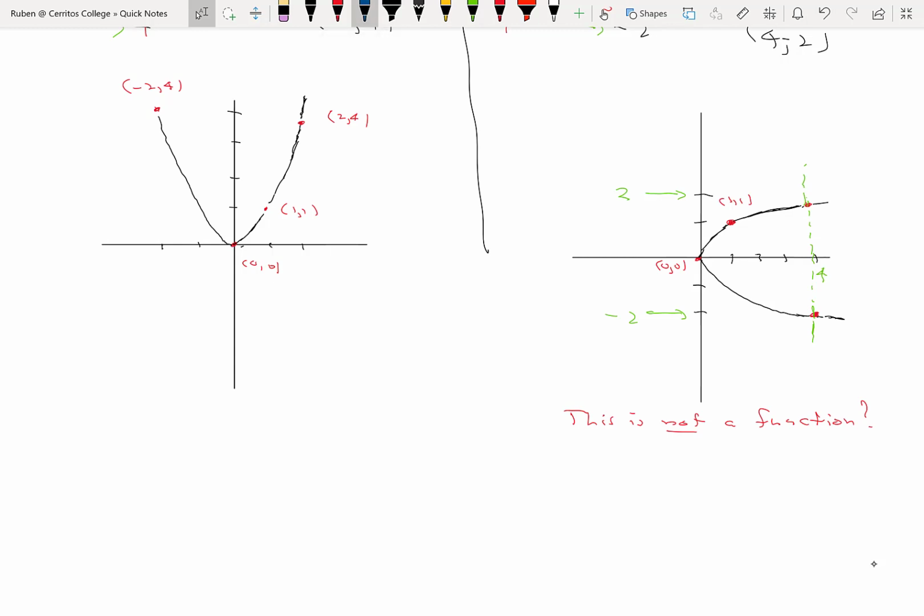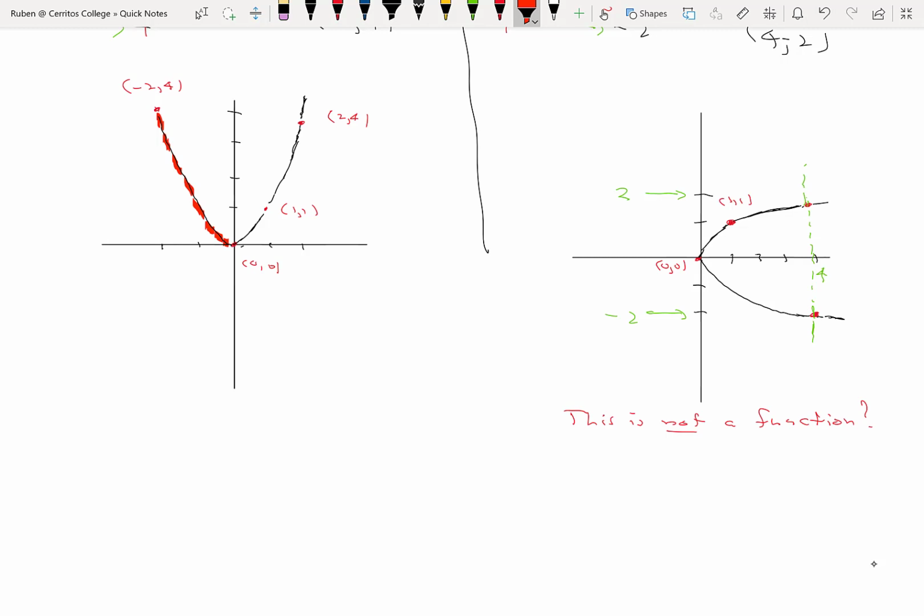Imagine I'm going to highlight part of the graph of the original function. Let me see if I can do this in a nice thick marker. Here we are, in sort of a dotted highlight, real thick marker. Here's the branch of the parabola to the left of the y-axis.